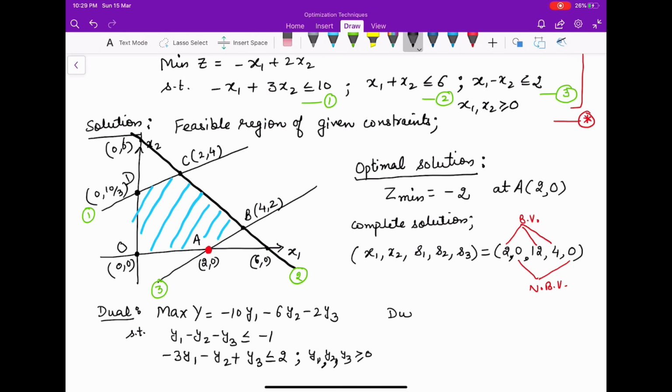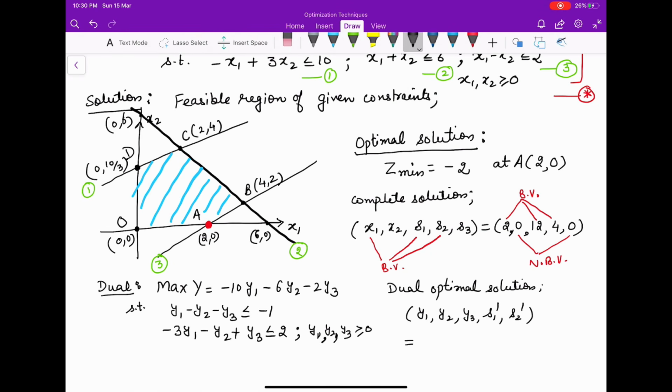Now what is the dual optimal solution? For the dual optimal solution, again we require y1, y2, y3, and then you require 2 slack variables. You can see again, because x1 is a basic variable, s1 is a basic variable, and s2 is a basic variable, these are basic variables.